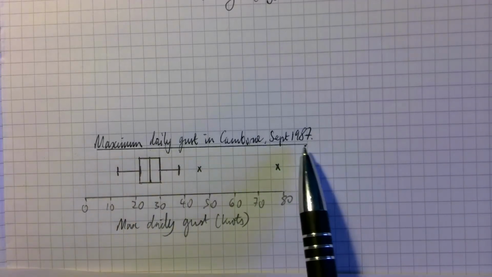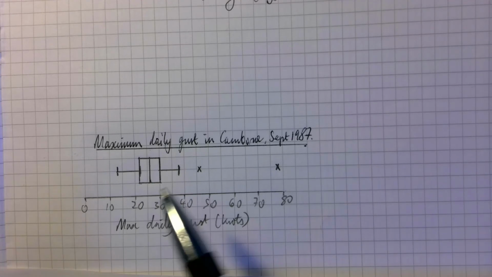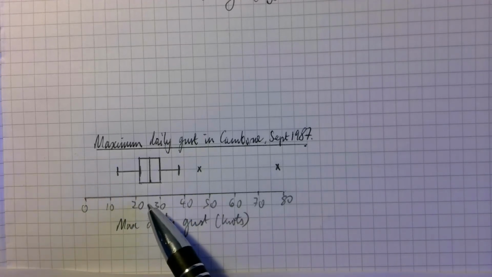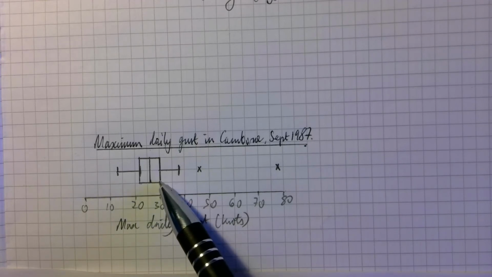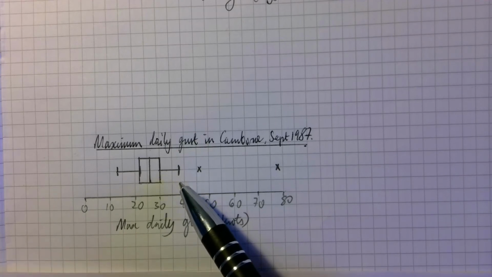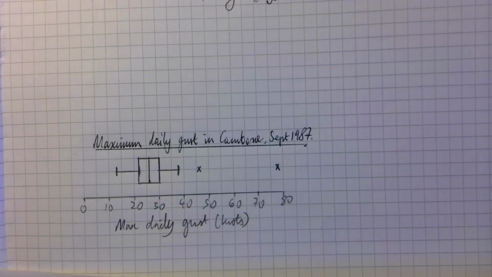You need a little title for what it is about, the maximum daily gusts in Campbell in September 1987, and I've labelled my scale, and then along here you've got 13, that's the lowest value, 22 was Q1, 26 was Q2, 30 was Q3, 38 was the biggest value we had that was not an outlier, and then here's the two outliers just put as little crosses.